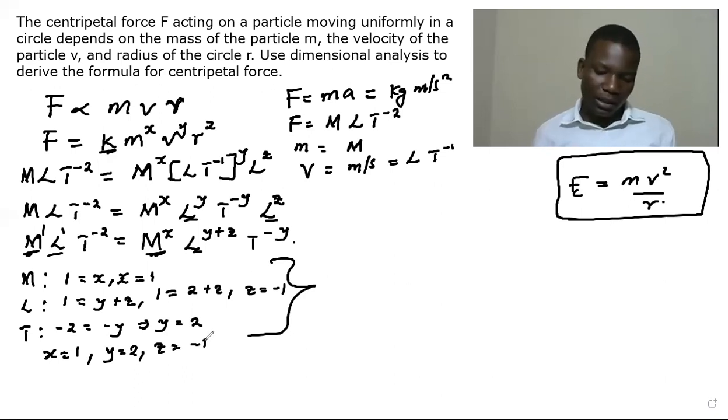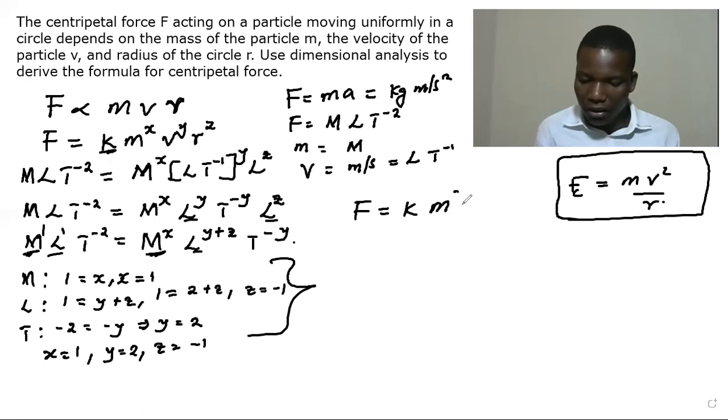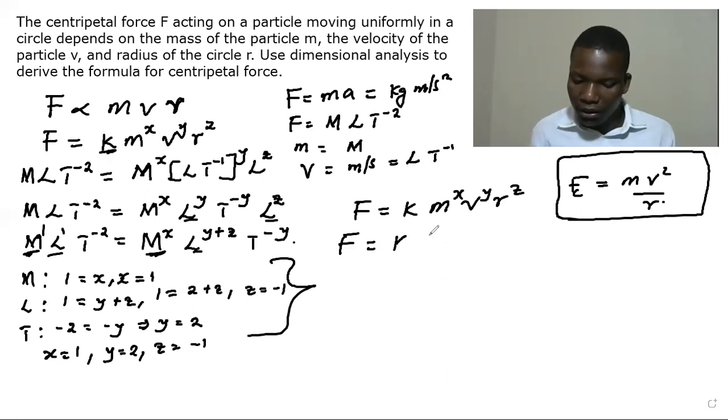So we substitute these values into that equation, M^x V^y R^z. So force is going to be equal to K, M^x with x equal to 1, V^y with y equal to 2, and then z is equal to -1.